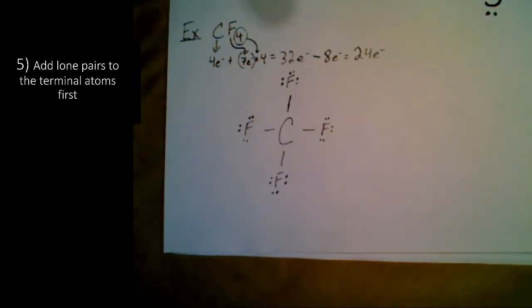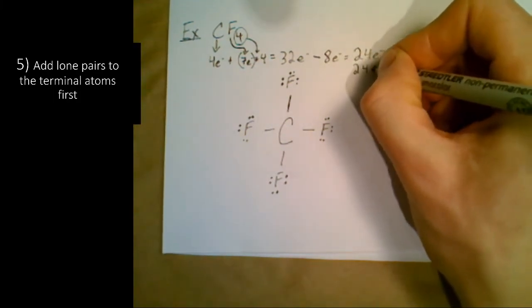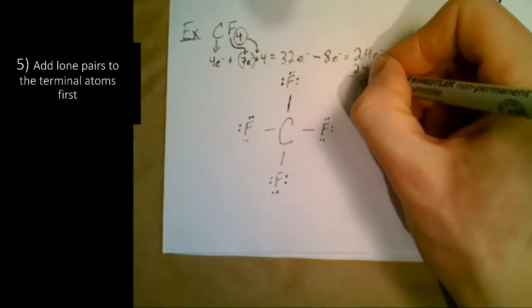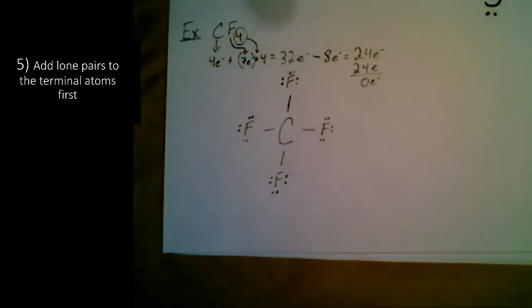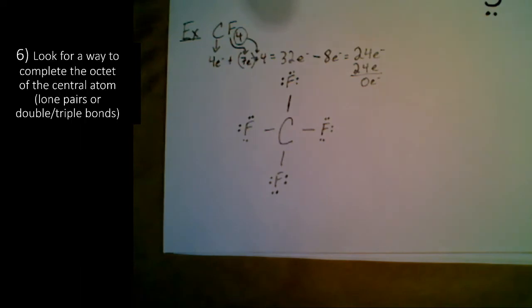So I've used up 24 of my electrons. I have 0 electrons left to draw. I've used up all my electrons, and now we need to make sure everything has an octet.